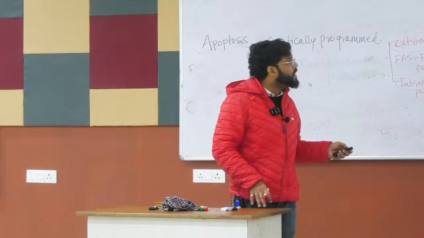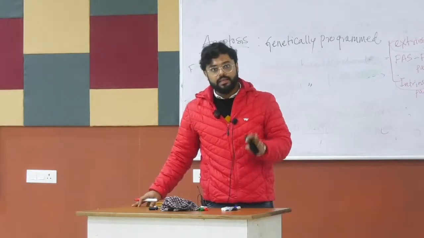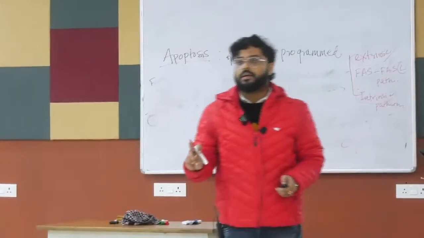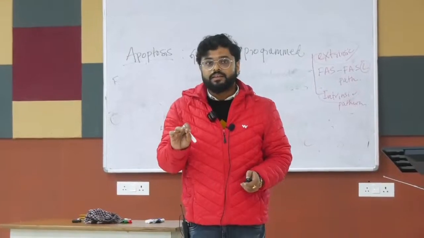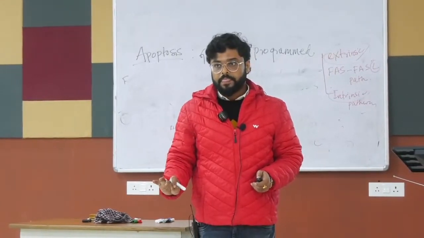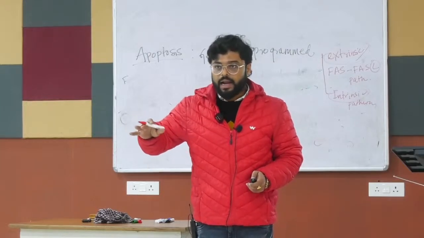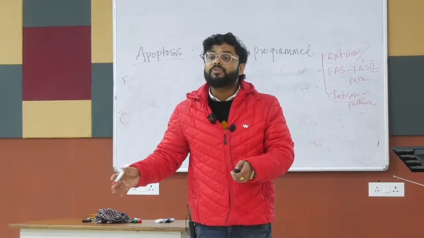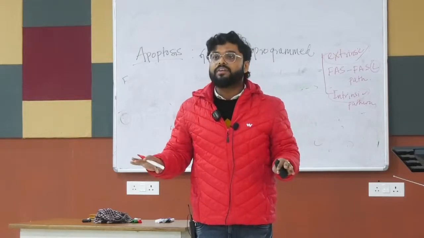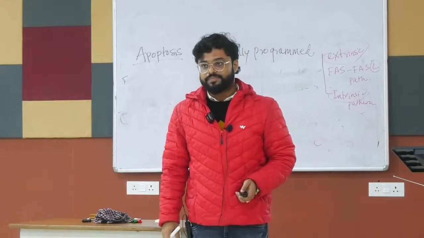So this balance of pro-apoptotic and anti-apoptotic shifts. This is a very basic thing, so clear it up right here. There is a balance between pro and anti-apoptotic genes, and there is non-activation of anti-apoptotic genes, as there is no external signal.